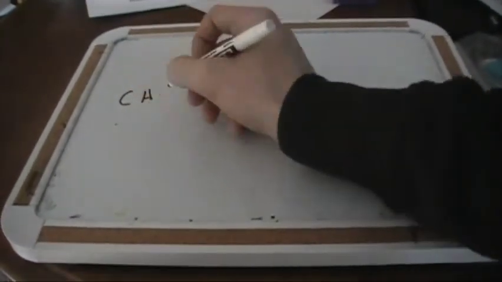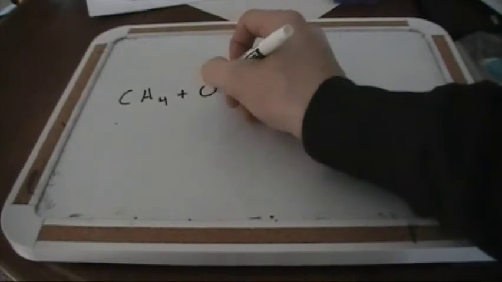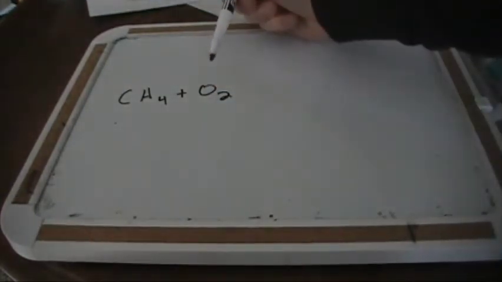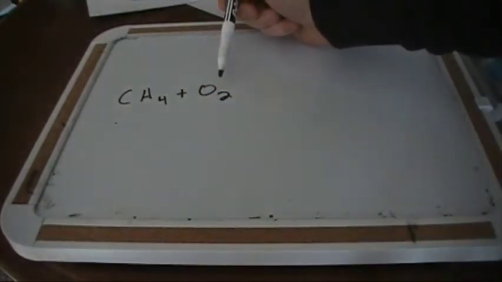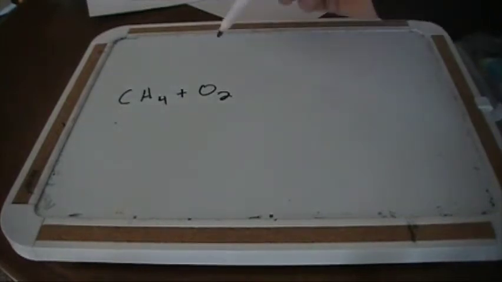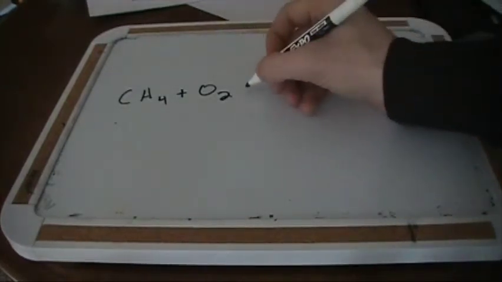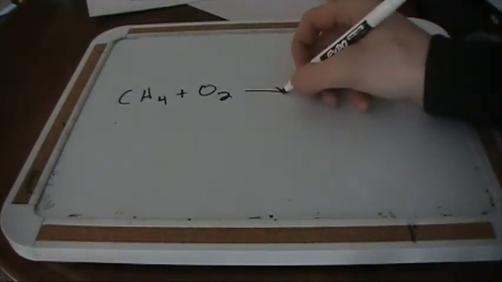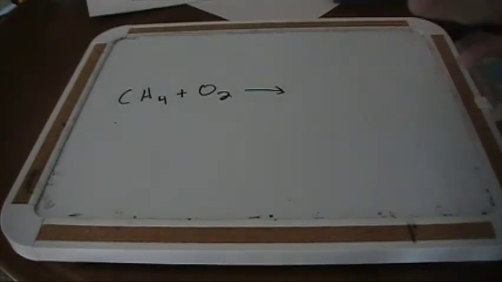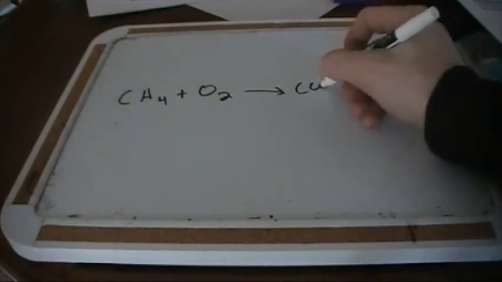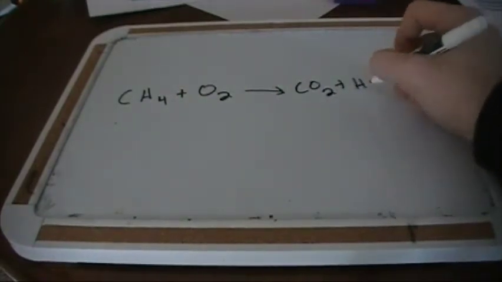Okay, and now we will do a combustion of methane. We will use CH4 and oxygen, which is O2. When it's by itself, oxygen is a diatomic, so it'll be O2. And then that yields the product of a combustion reaction, which always forms CO2 and H2O.